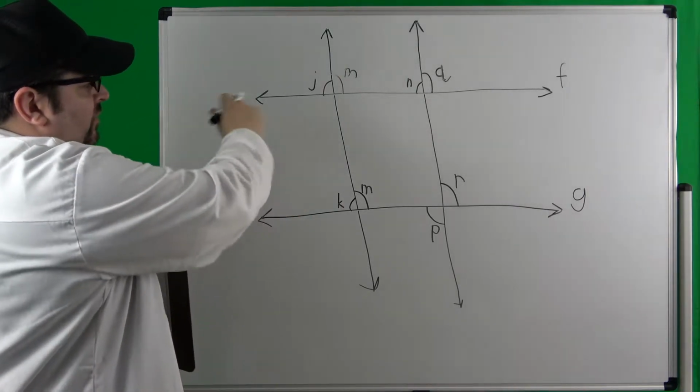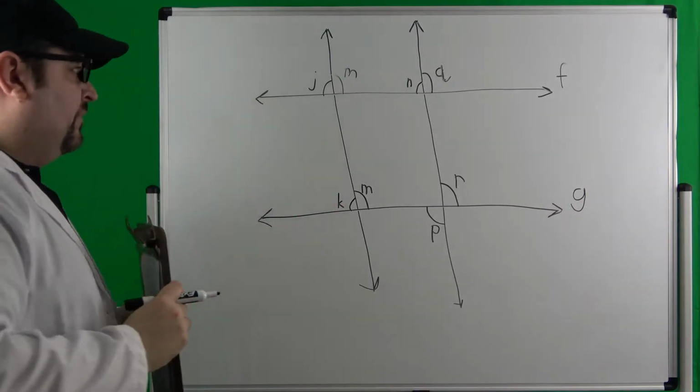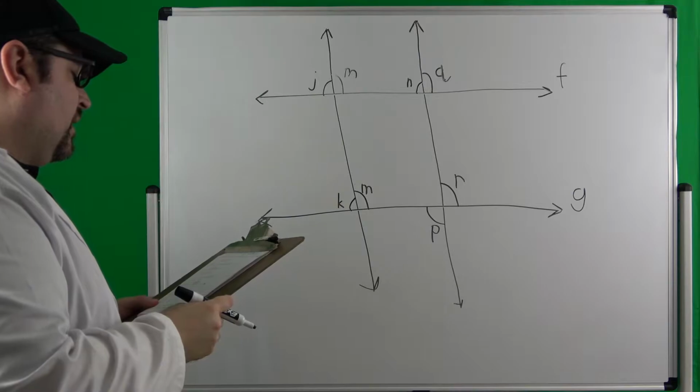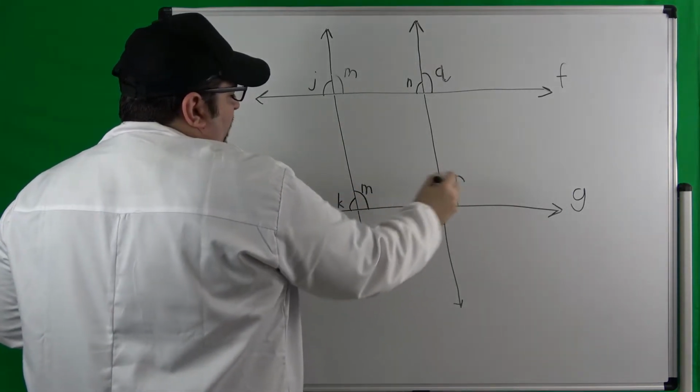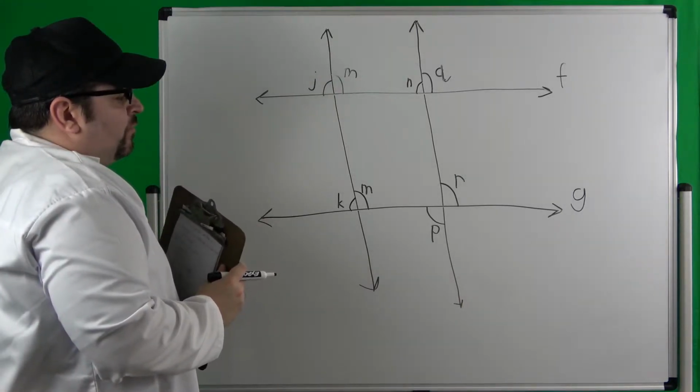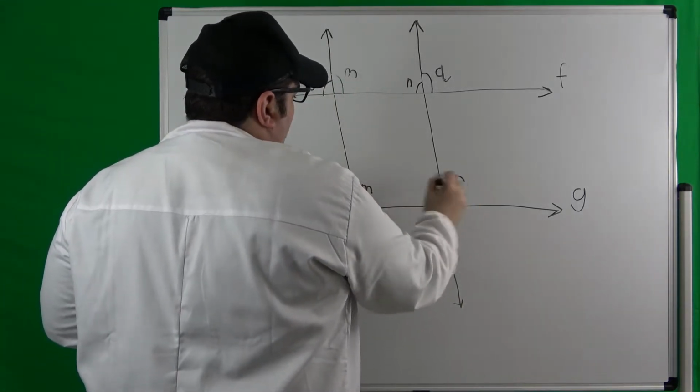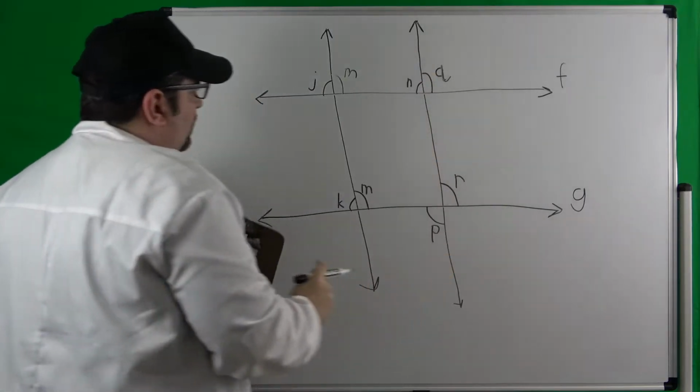And would that be congruent? No. They would not be the same. Angle M and angle R? No, we can't do those because those are each on a different one of these vertical bisectors.